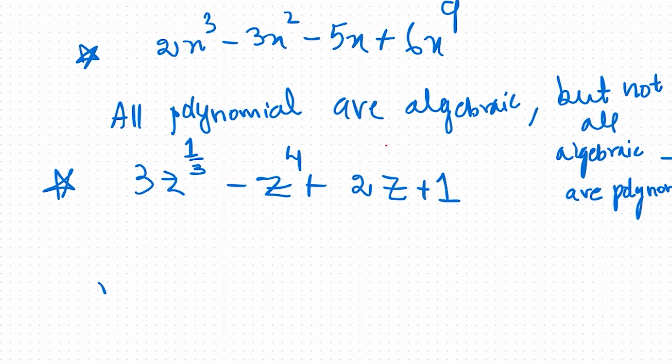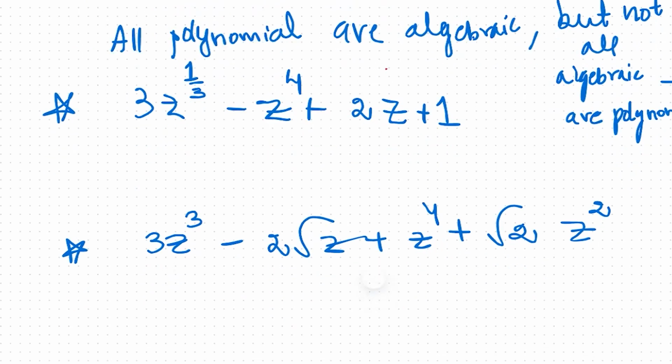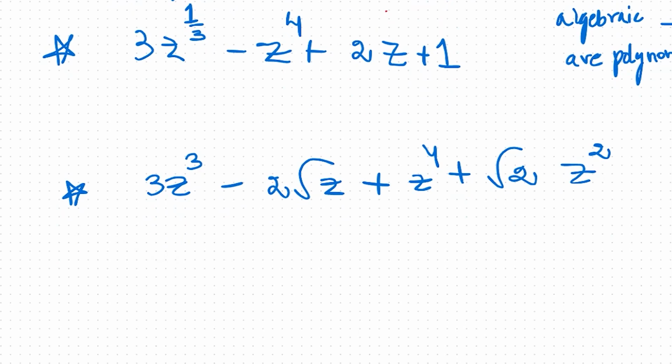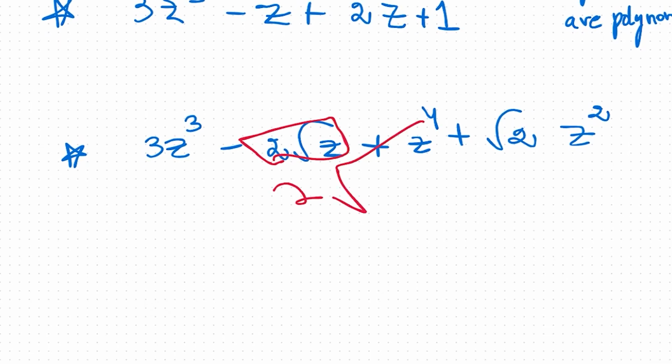Get it? So let's do one question: 3z cubed plus z to the power 4 plus root 2 x plus 2 root z squared. Is this a polynomial expression? Wait, what does this part say? 2 root z.